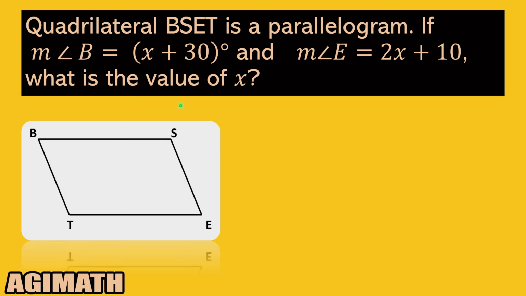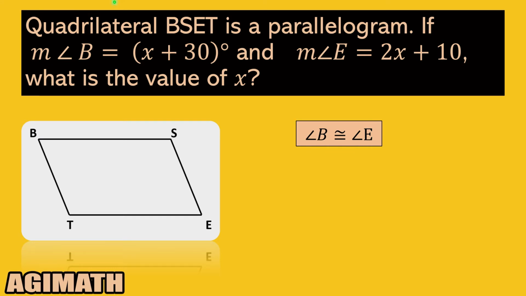And then you ask yourself about the givens, which are the measure of angle B and the measure of angle E. What's the relationship between the two angles? It's very obvious that these two angles are opposite angles. Therefore, we can generalize that angle B is congruent to angle E. And since they are congruent, it means that their measures are equal.